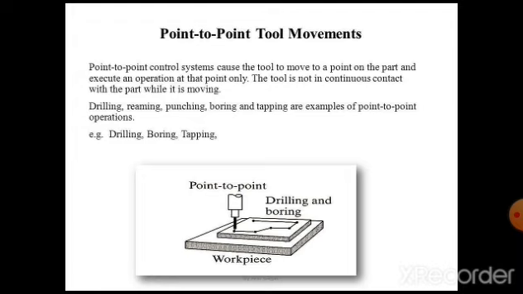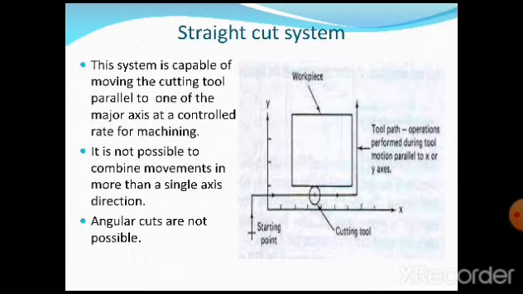Tapping is nothing but the production of internal threads. So all these operations are carried out by a control system which provides the point-to-point tool movements. Okay, so these are the important examples which you need to understand about the point-to-point system.